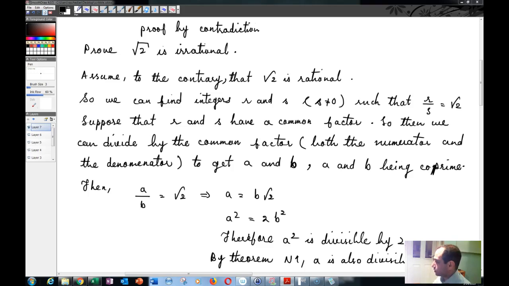So let me take a few minutes off. Okay, so now using the same logic, you can actually prove that square root of 3 is also an irrational number. So we don't have to really go through that example. It takes some time, and it's basically the same thing.